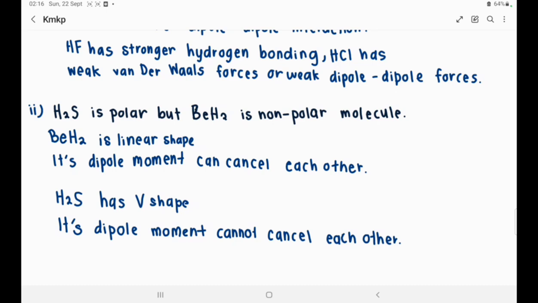BeH2 is non-polar, so its dipole moments cancel each other. So when you draw the Lewis structure, also draw the arrows that show whether the molecule is polar or non-polar, so it is easier to see if the dipole moments can cancel each other or not. So it is easier to find out.